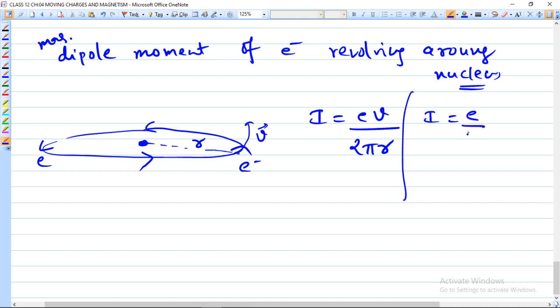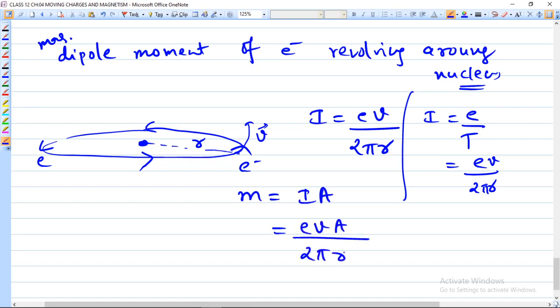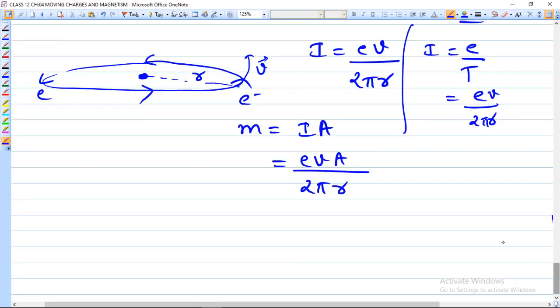We know the formula for the current: e upon T, and the time period is nothing but 2 pi r upon v. So I am right, I is equal to ev upon 2 pi r. Now, what is the formula for magnetic moment? Very simple, IA. So just multiply by the area. The area is pi r square.